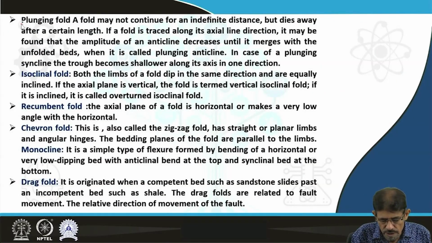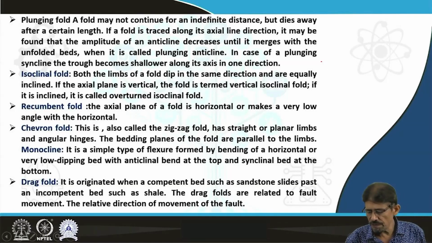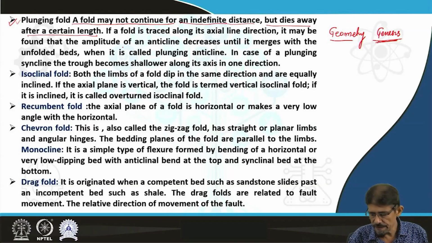If we categorize different types of folds, they can be divided based on geometry and based on genesis. Mainly we are going to concentrate on geometry, and then some limited types of folds based on genesis. Based on geometry, first is the plunging fold. A fold may not continue for an infinite distance but dies away after a certain length.